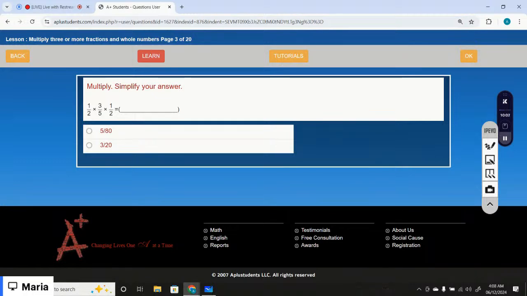Multiply 1 by 2 times 3 by 5 times 1 by 2. Which is the correct option?